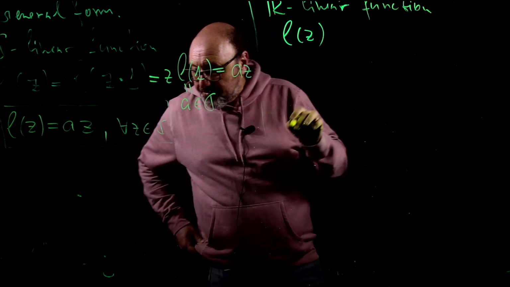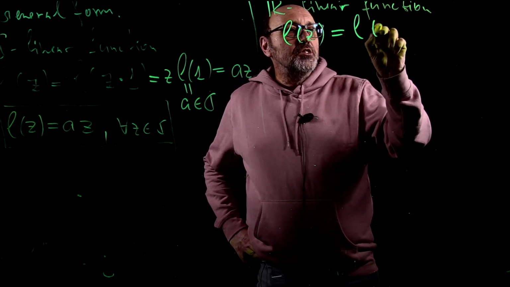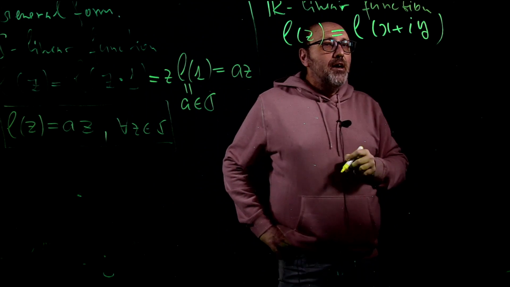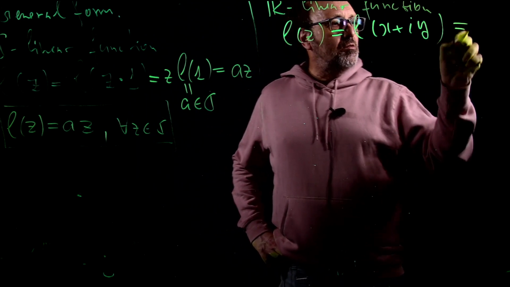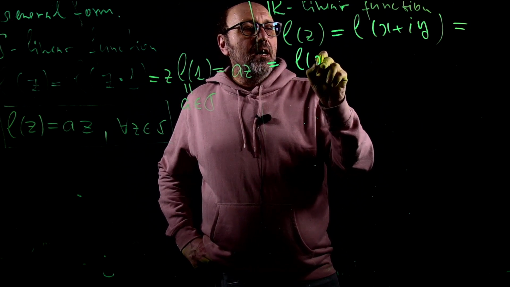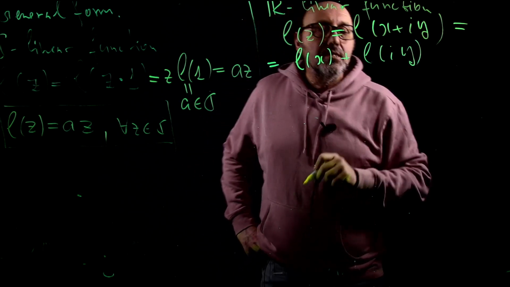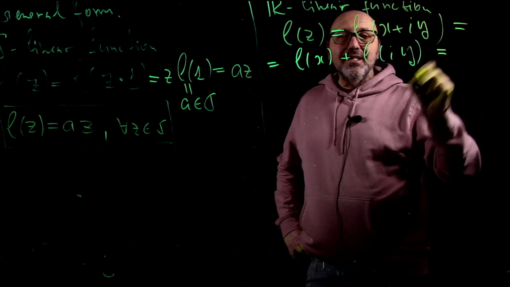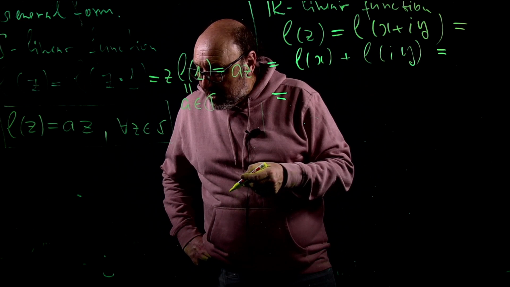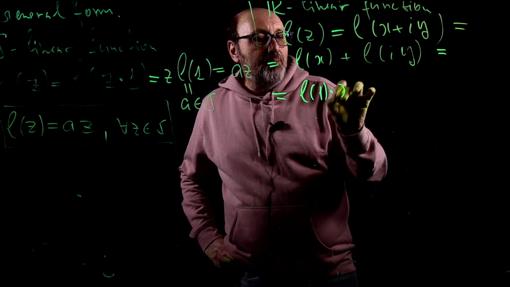So this means that we can represent z in its algebraic form, x plus iy, and then we use the first property of linear functions and we replace it by L of x plus L of iy. Now L of x, similarly as before, can be written as L of 1 multiplied by x.